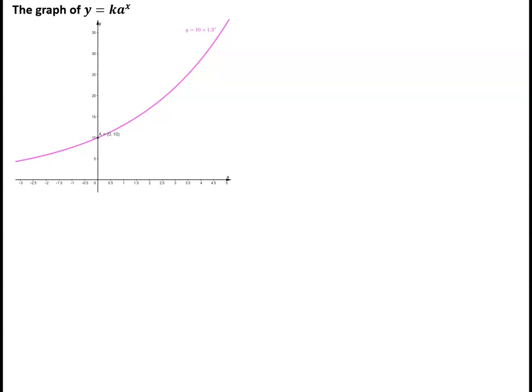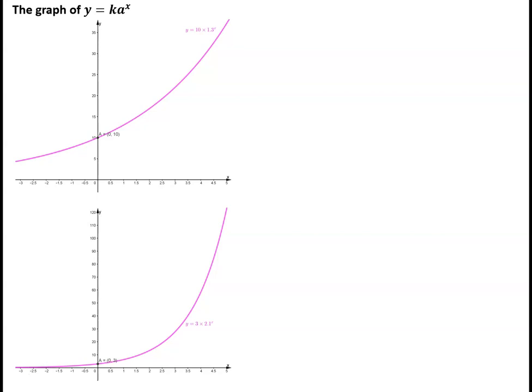We can see that the graph goes through the point 0, 10, and that we have an exponential growth graph. Similarly, if we look at the graph of y equals 3 times 2.1 to the power x, we can see that the graph crosses the y-axis at the point 0, 3, and that the graph is an exponential growth graph.